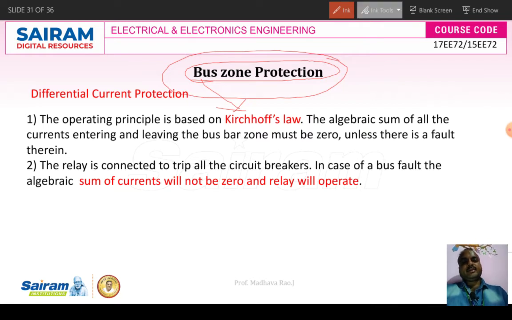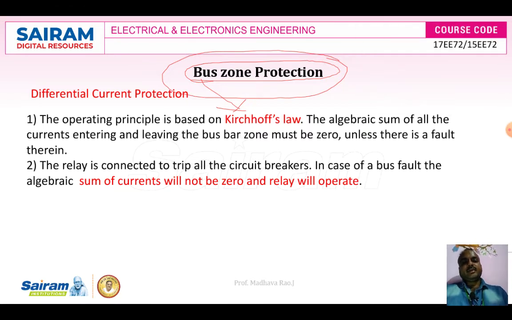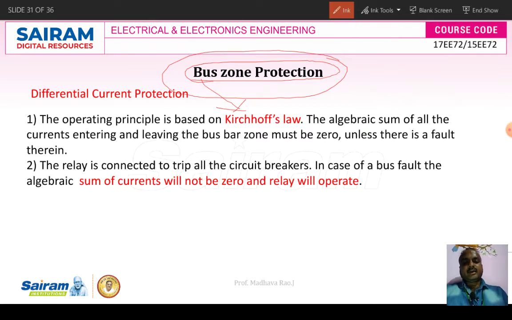The current entering and the current leaving must be equal, so if you take the algebraic sum, the difference between these two currents must be 0. If it is not equal to 0, the relay will operate.